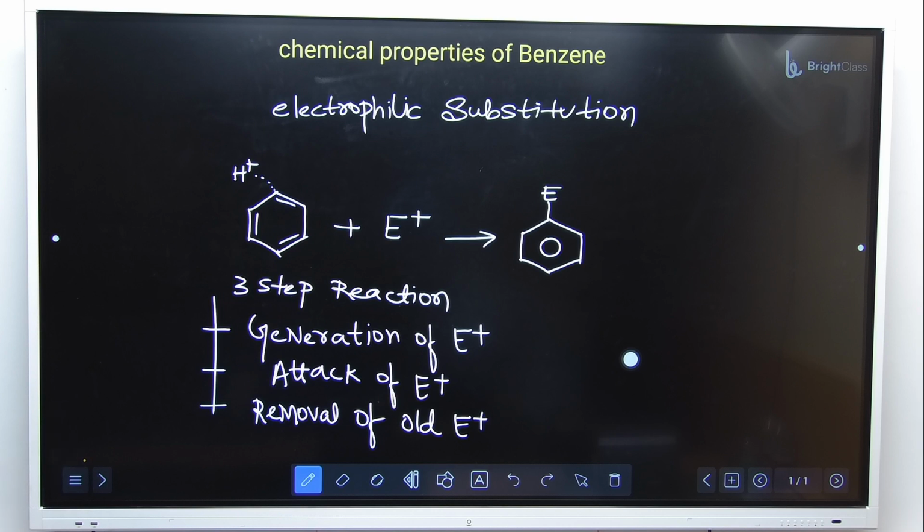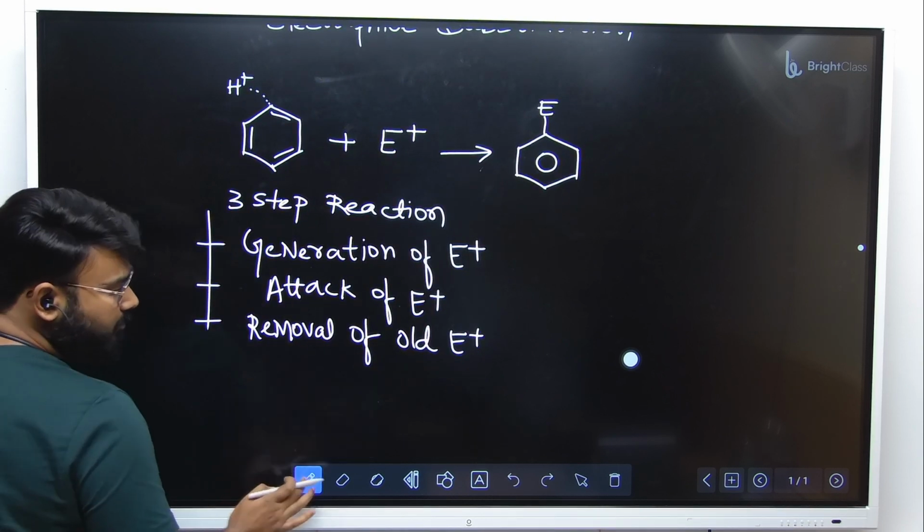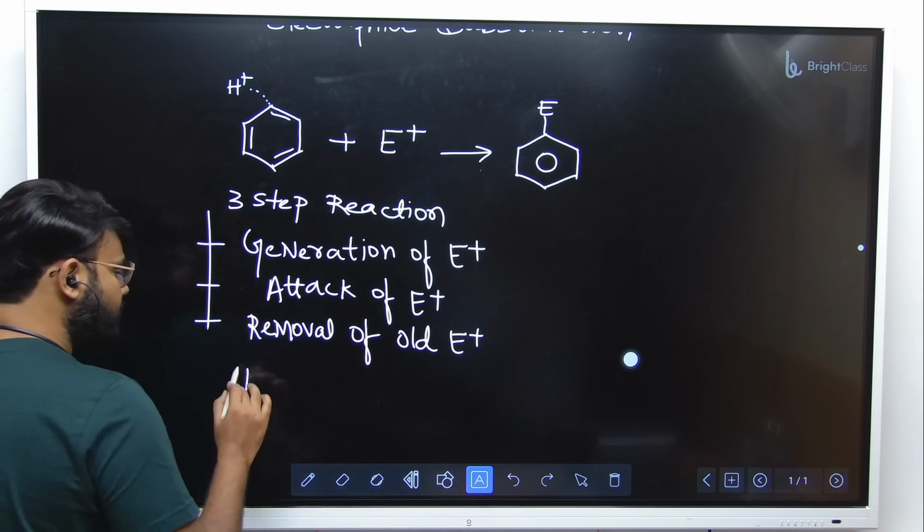So we will study an example, Friedel-Crafts alkylation. So let's see one example we will study. All of you give the headline.